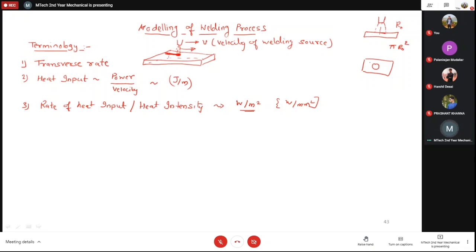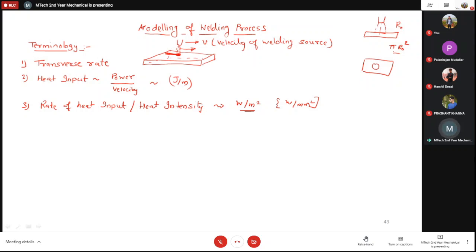Since this is a circular arc, we are assuming the shape of the arc to be a circle. It may be elliptical or oval, other shapes may be there, but for simplicity, if we assume the arc as a circle, then the area is pi r naught square. Over this area, how much heat we are giving, that rate of heat input is the heat intensity.